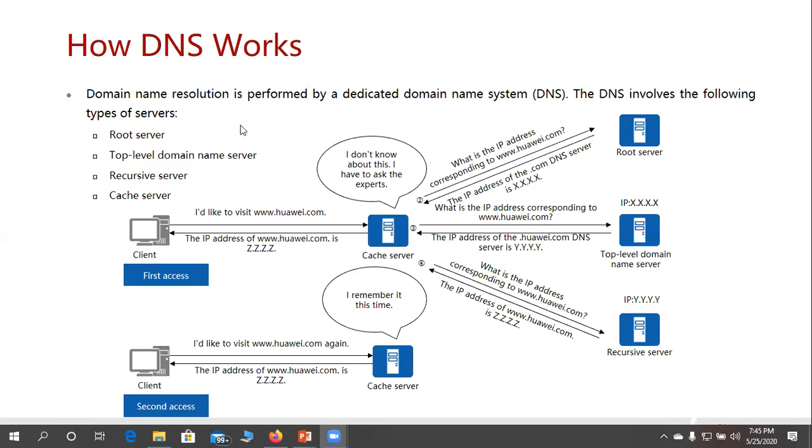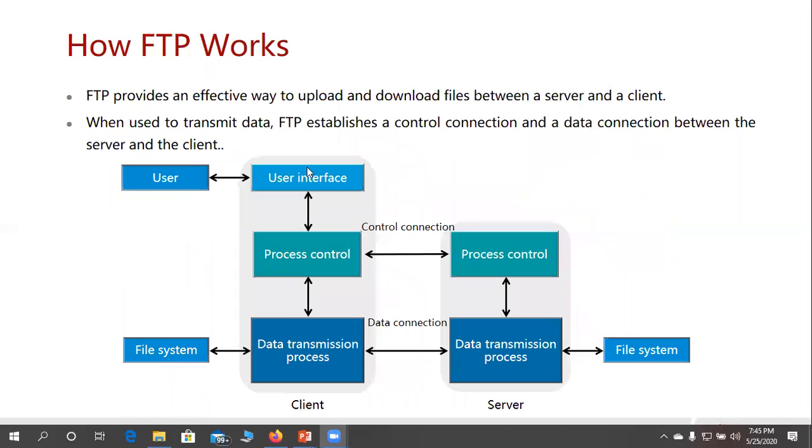So we have the root server, and then the top level domain name server, and recursive servers. Okay, so we can go to this top server. If it doesn't have information, we go to the other server, so this server becomes a recursive server.